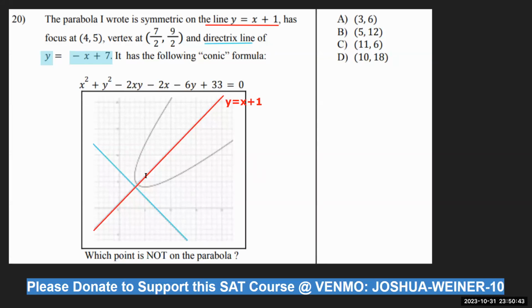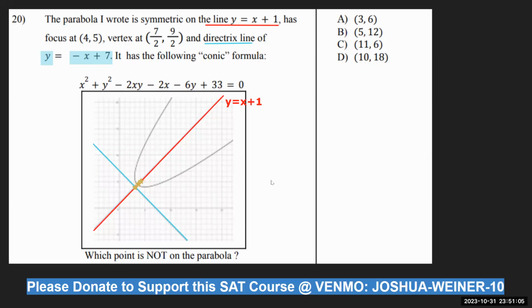There's the vertex at (7/2, 9/2). Bam, that's it. But then that's the directrix, so the focus must be equidistant. It must be like that. Remember, they line up three in a row, like the stars on Orion's belt, so to speak. They line up 1, 2, 3 when we're studying parabolas and conics.